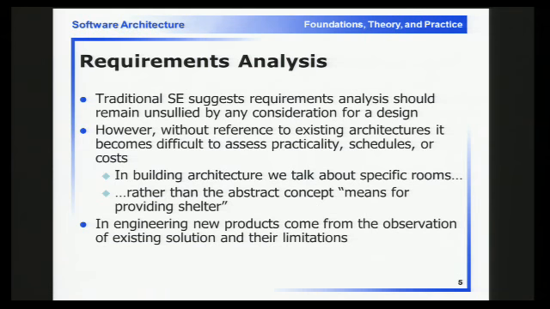For example, how many bedrooms I want, how many study rooms, how many recreation rooms, how many living rooms do I want? So instead of describing it as, I want a shelter which can protect us from the rain, snow, or what kind of temperature I would like the room to have. So it would be very awkward for you to describe your requirements without referring to those architectures, right?